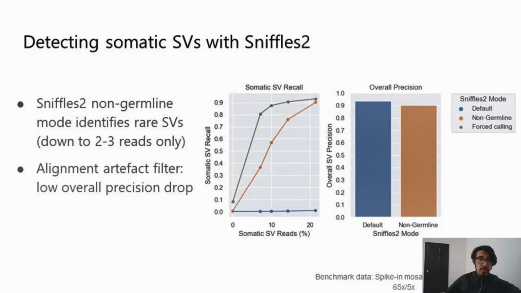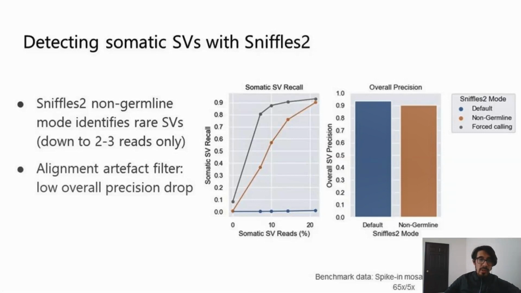So here we show you the titrations of these reads from the mother and the son, which are 65x for the mother and 5x from the son in the first sample. Next, 63 to 7, 60 to 10, and 55 to 15.